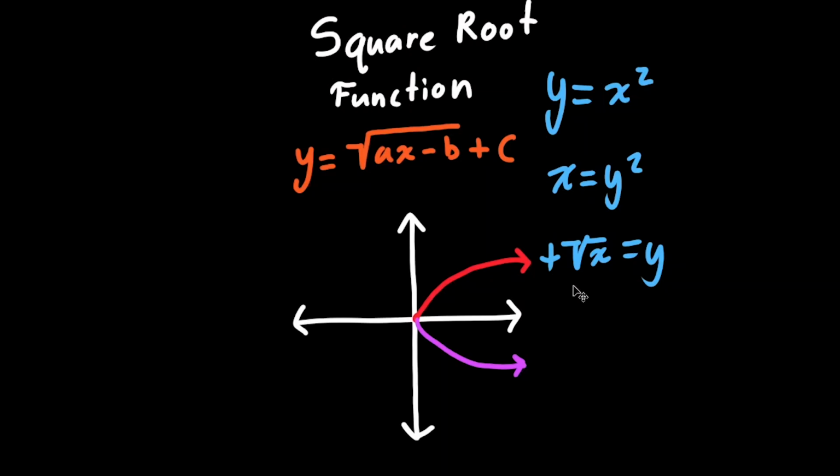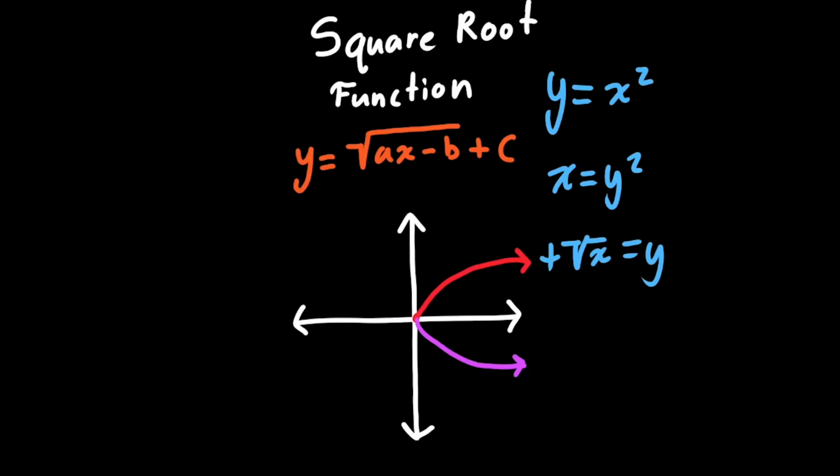In most cases, people tend to choose the positive square root. In fact, here you can see in red, we took the positive square root as our parent function. Root x is equal to y. That is our parent function. Now, if you wanted to adjust that, you can just make that negative.